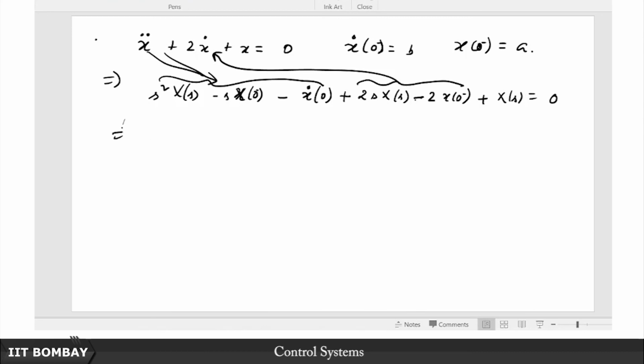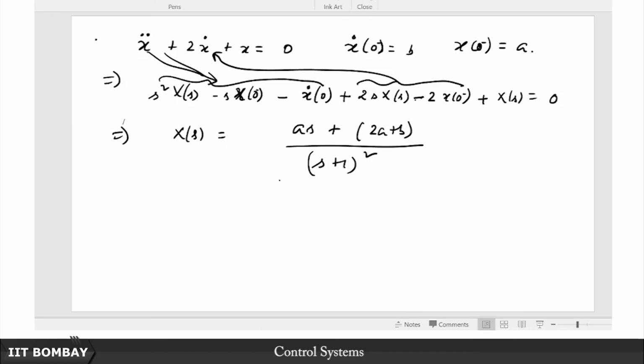So quickly I will just collect together terms on one side and you can check that this is indeed so. We can just plug in these initial values and we will get the following expression: as plus 2a plus b upon s plus 1 whole squared, right.